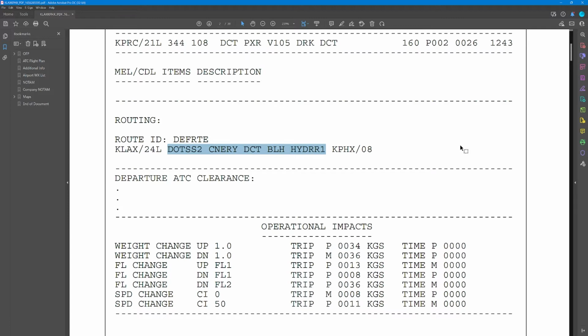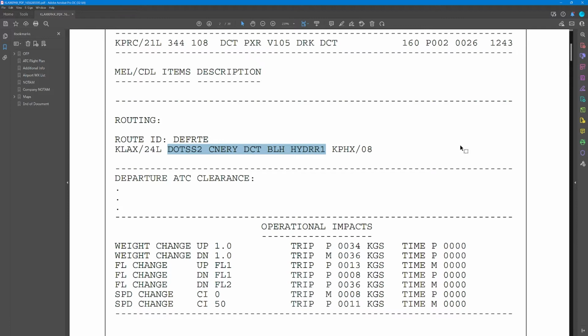You may just have to be doing some visual stuff. So, in this route, we are going from LAX over to Phoenix. Airliners have to fly certain paths, or they have to fly from one point to another. They don't just get up in the air and fly around willy-nilly. They just don't do that.